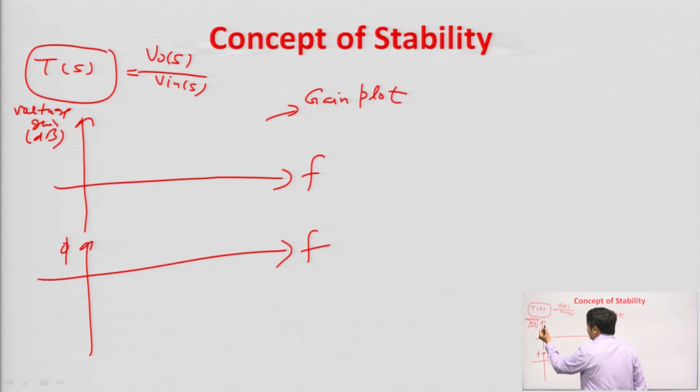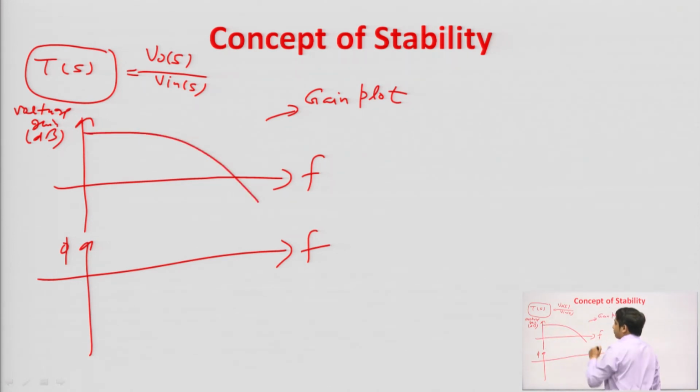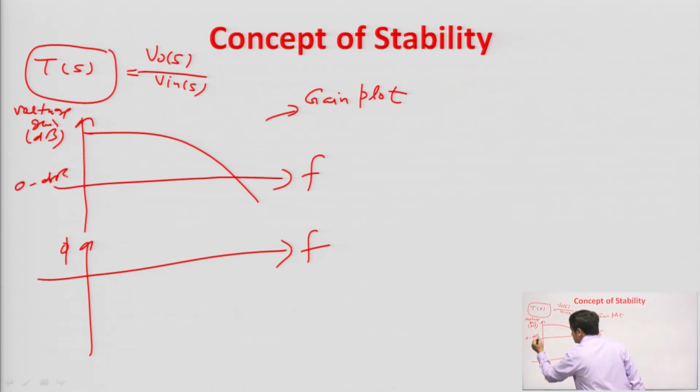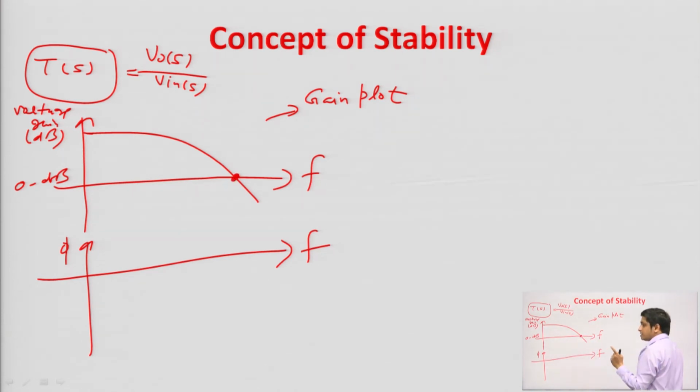Let us consider that we are getting a graph like this in the gain plot, and this is your 0 dB line. 0 dB means the frequency at which the gain is 0 dB. 0 dB gain means the gain is 1.